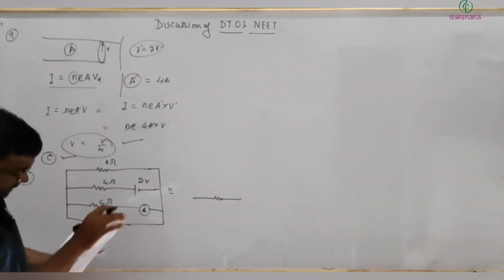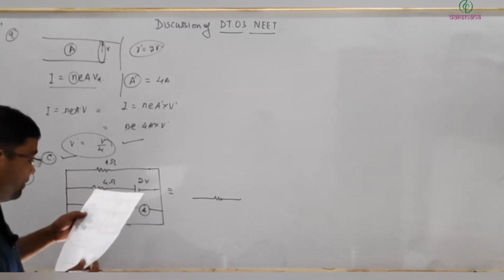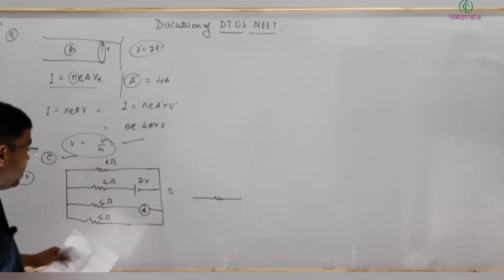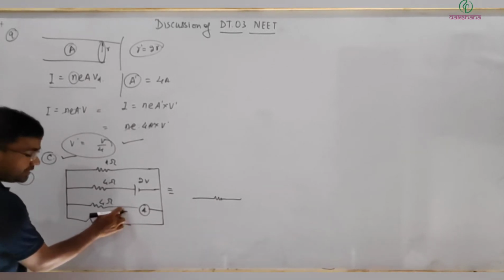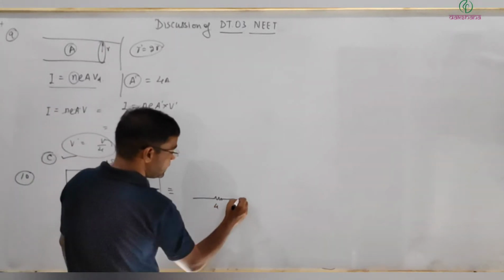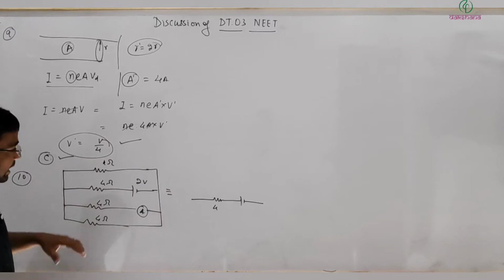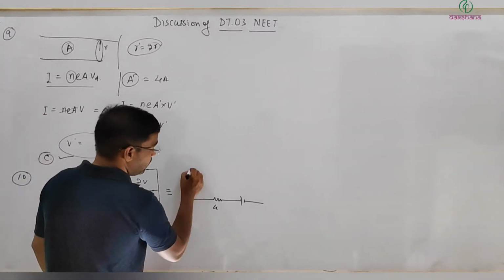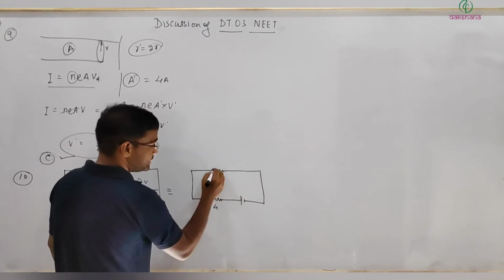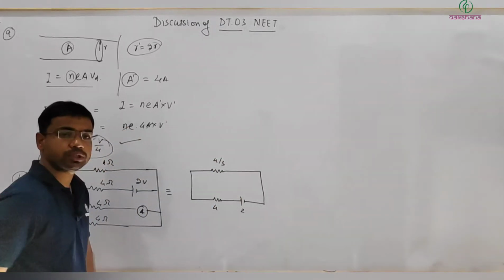Here what is it asking? It's asking for the current I coming from the battery and the ammeter reading. All right, so ammeter reading means I need the current in this circuit, and the current through the battery. So this is 4 and this is your battery, and now if I combine all these 3, then it will be like this circuit, with 4 by 3, and 4, and 2 volt.